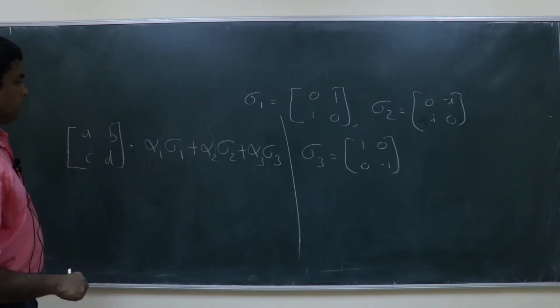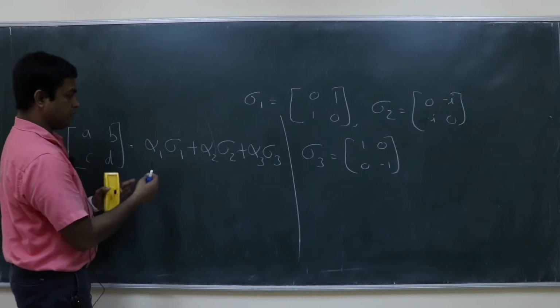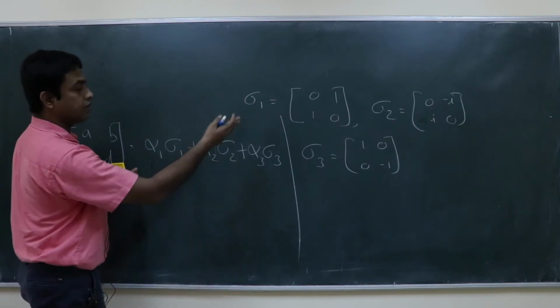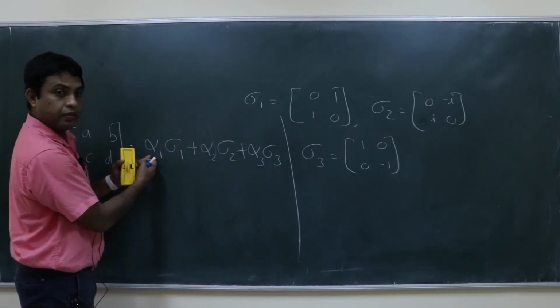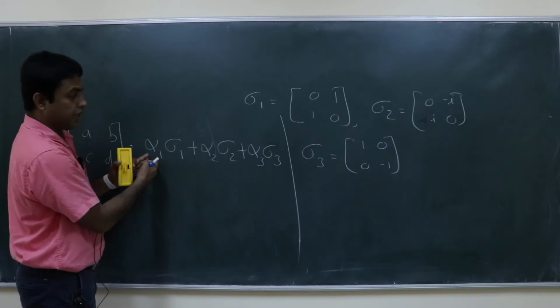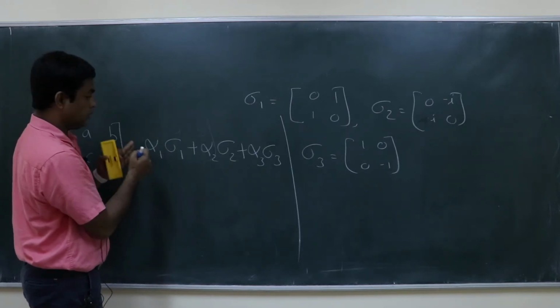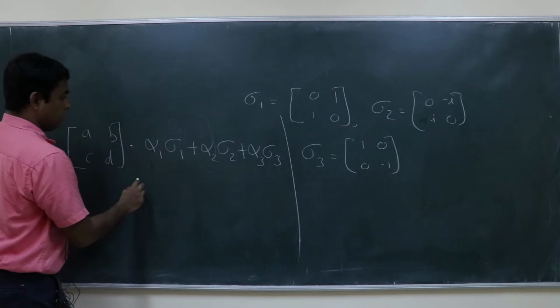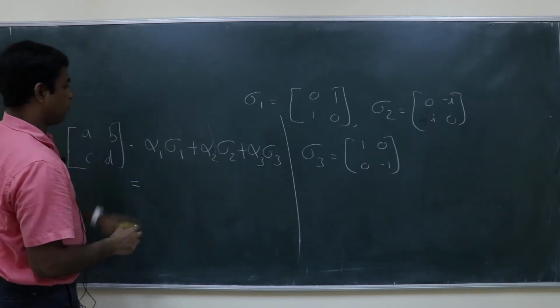Okay. So now if I do this, suppose I multiply by some number. This number can be any number in general, can be complex also. Okay. So if I do that, what is alpha 1 sigma 1?